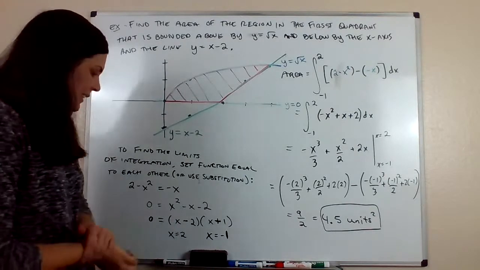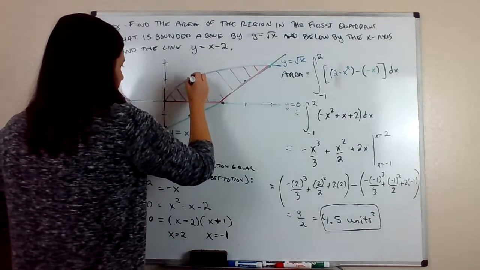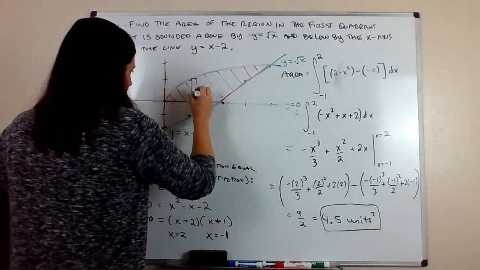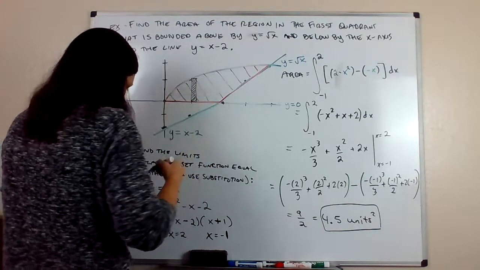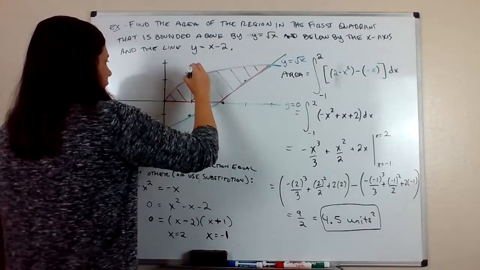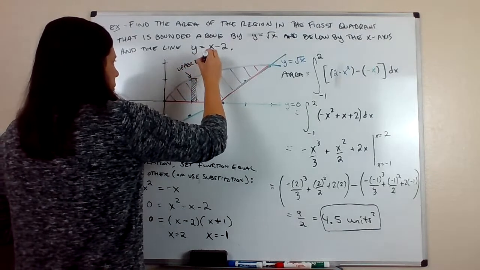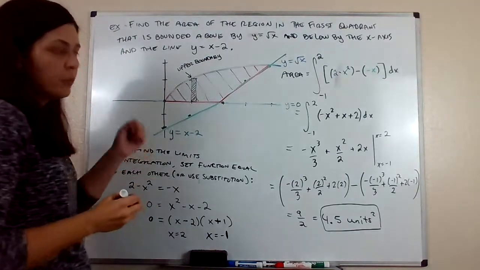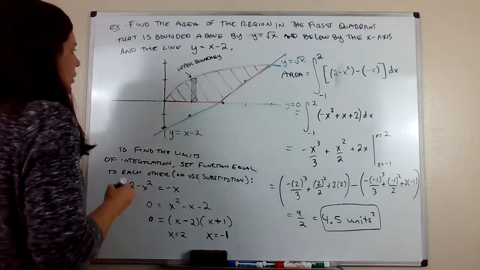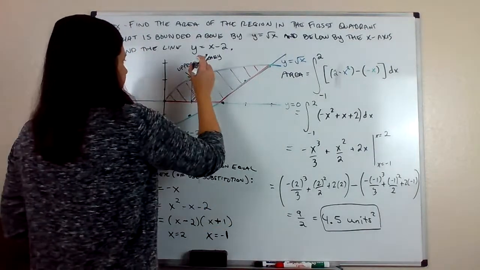If I start to draw a slice in my region, look what happens. If I take out a slice here, let's identify some stuff. The upper boundary is our square root function, so it's y equals square root x.